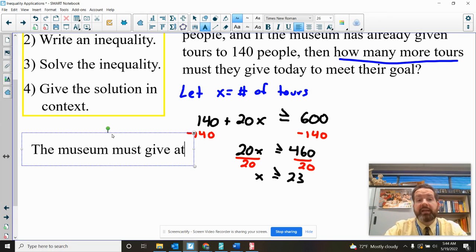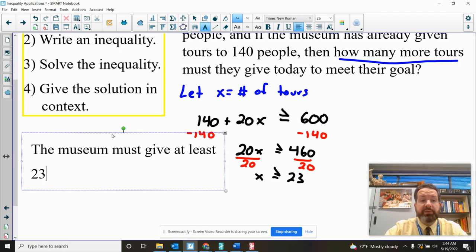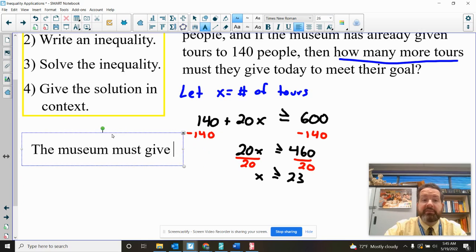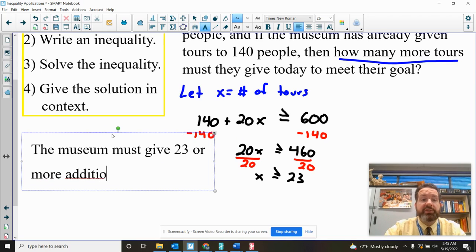Now, there are several ways that you could say this. You could say at least 23 more tours, because that would mean 23 tours is okay or more. You could also say it this way. Must give 23 or more, I'm going to put or more additional tours. That's another way to say the same thing.